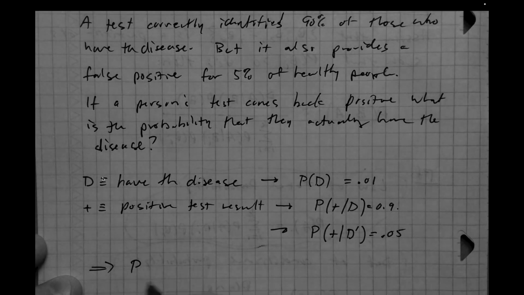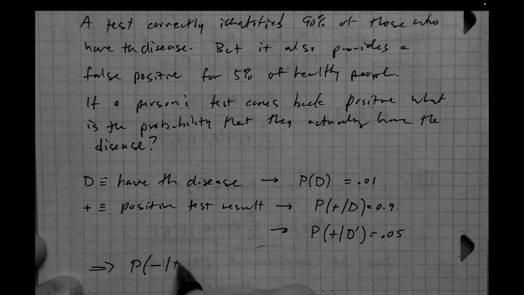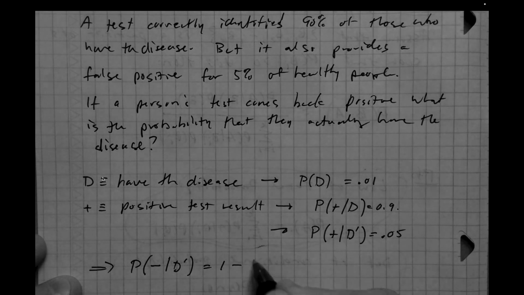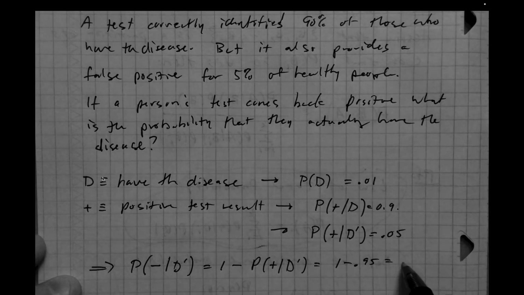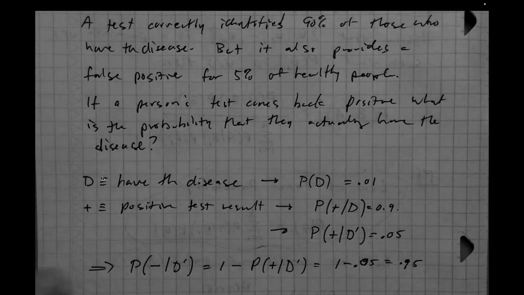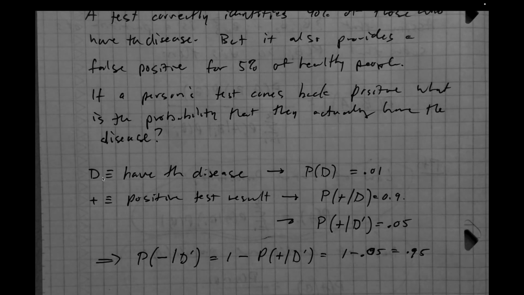The probability of a negative test result given that you don't have the disease is equal to 1 minus the probability of a positive test result given that you don't have the disease, which is 1 minus 0.05, which is 0.95. This is the information you can easily get from the statement.